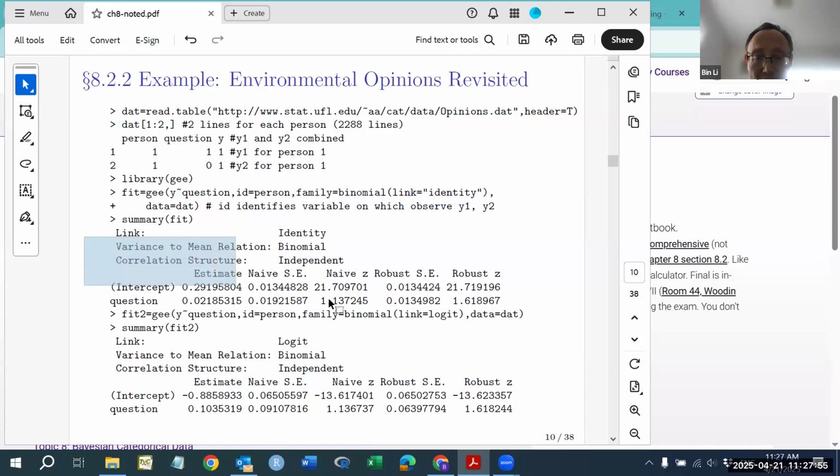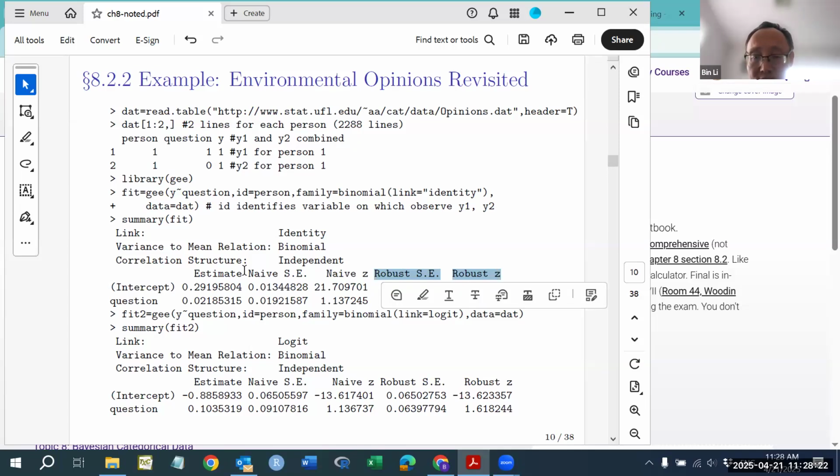And you can see here, this is the results. In the results, it has 2 standard errors and test statistic Z. One is the naive standard error and the naive Z. One is the robust standard error and robust Z.